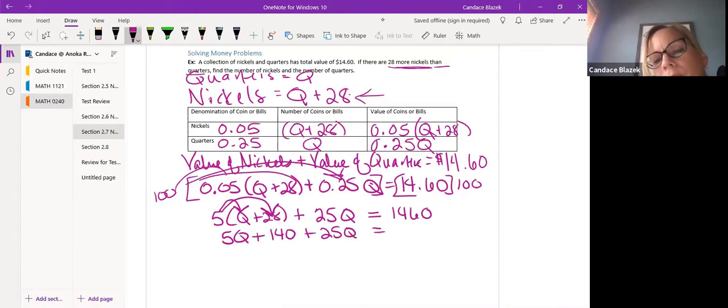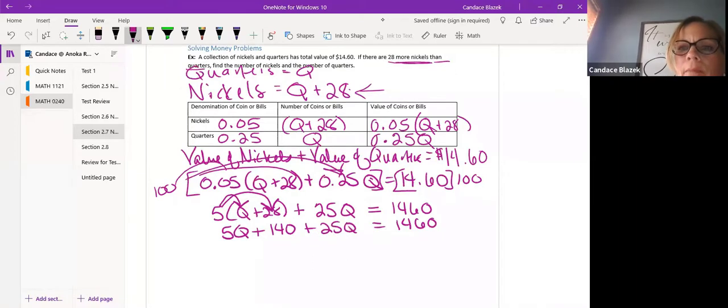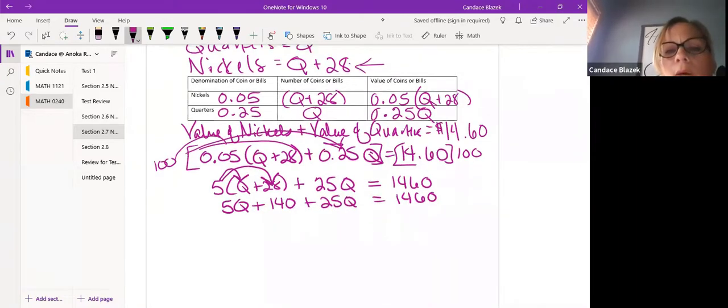I'm going to write the rest of the equation. Combine like terms. What I can do is combine the 5q and the 25q into 30q.